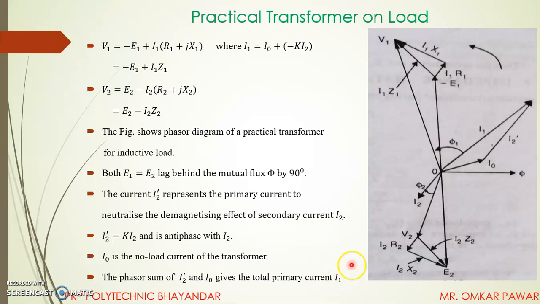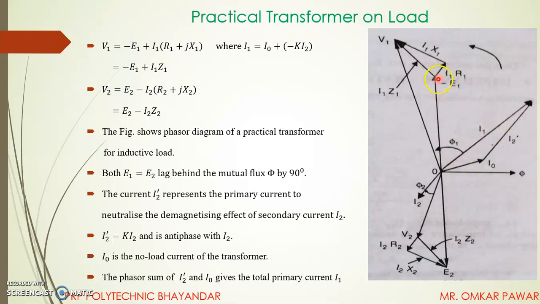I0 is the no load current of the transformer, and the phasor sum of I2 dash and I0 gives the primary current I1. So from equation 1, V1 is equal to minus E1. In order to calculate V1, there will be the minus E1 plus I1 R1. I1 R1 will be in the direction of the primary current I1.